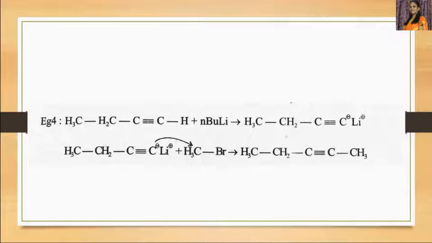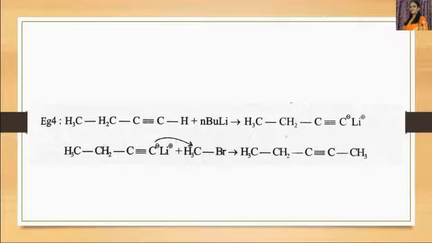That is lithium butynide. Okay, lithium butynide ion. Now it combines with the alkyl halide CH3Br, which we considered here. Then what happens? This ion acts as a nucleophile and attacks this carbon to form a higher alkyne. We started with a 4-carbon alkyne, and finally we got a 5-carbon alkyne.